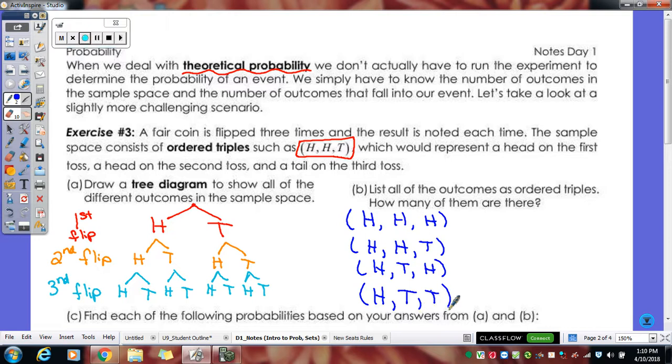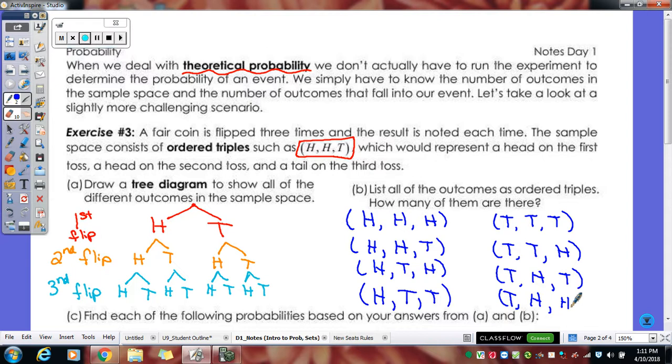And I think that's all the combinations that start with a heads first. Then we could get tails, tails, tails, tails, tails, heads, tails, heads, tails, and tails, heads, heads.